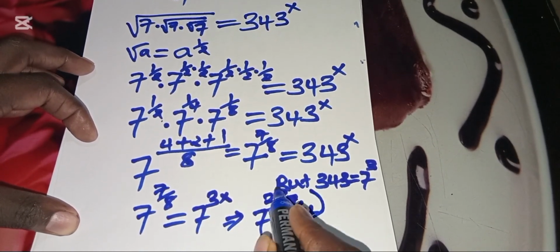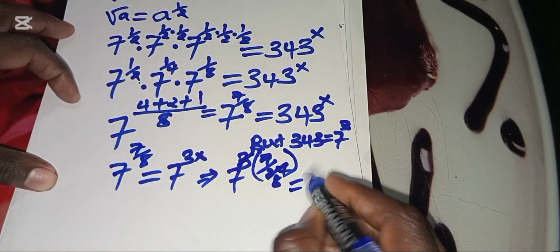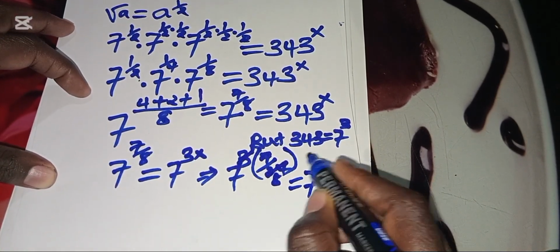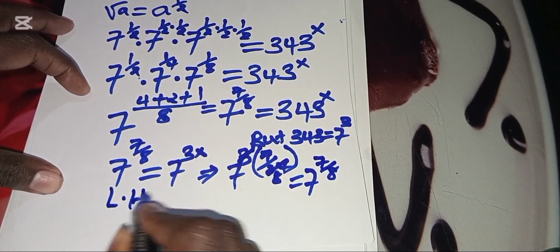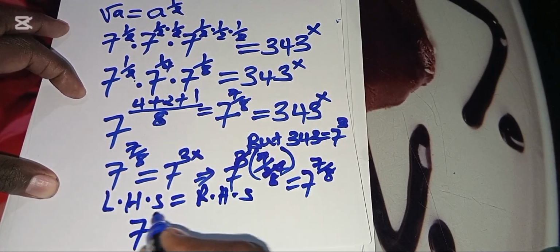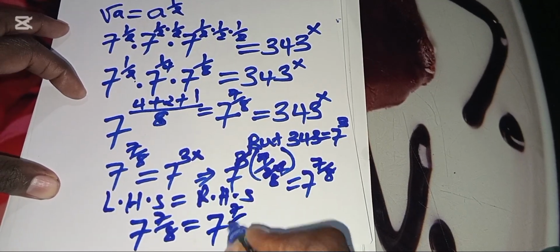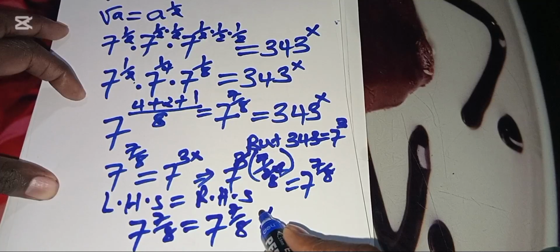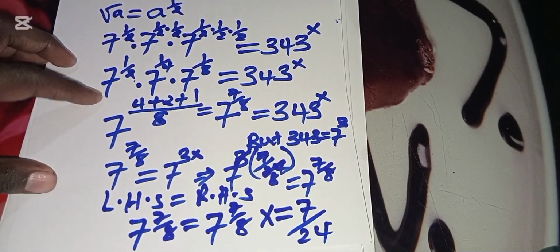If you simplify 3 and 3 here, we're going to have 7 raised to power 7 over 8. So it's true that the left hand side is equal to the right hand side. That is 7 raised to power 7 over 8 is equal to 7 raised to power 7 over 8, and that verifies that the value of x, which is 7 over 24, satisfies the equation.